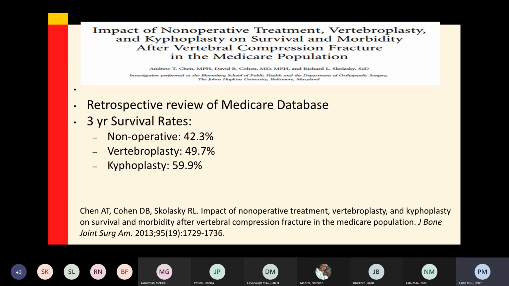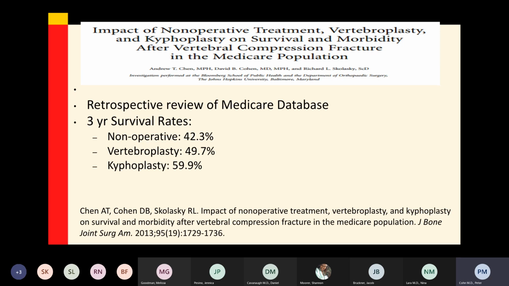So if you actually look, this is a Medicare database study, so it is limited by the data that's collected in it. But they looked at 3-year survival rates for patients who had compression fractures, and they found relatively high mortality rates, really.